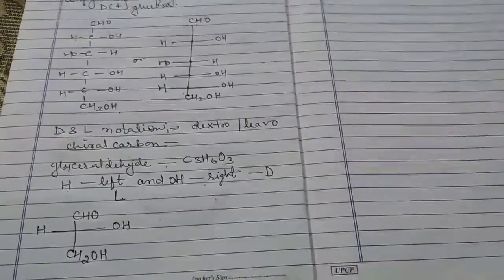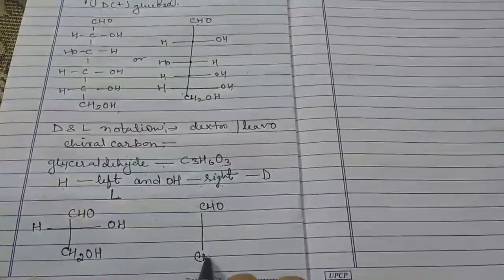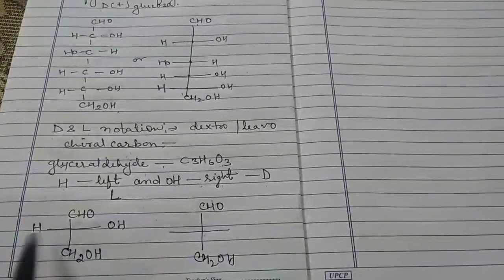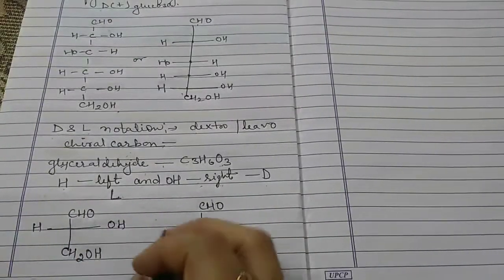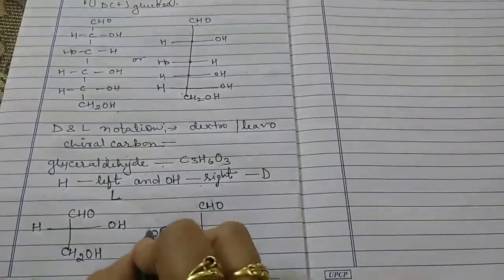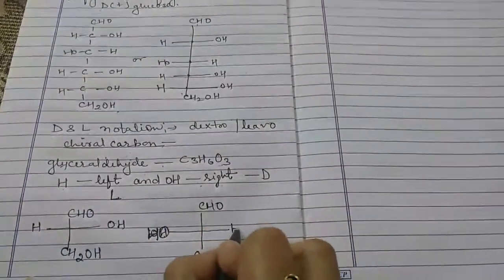This is one enantiomer, and the other form is CHO, CH2OH, where the position of the H and OH is shifted: OH on one side and H on the other.